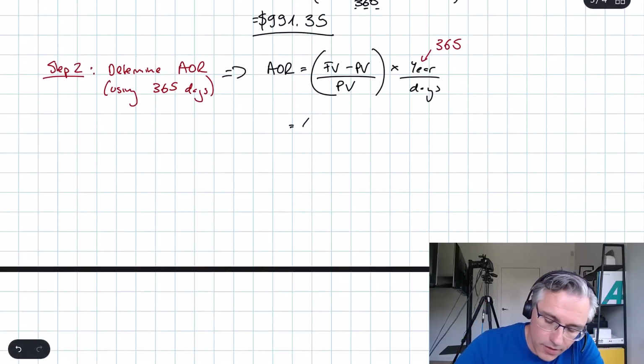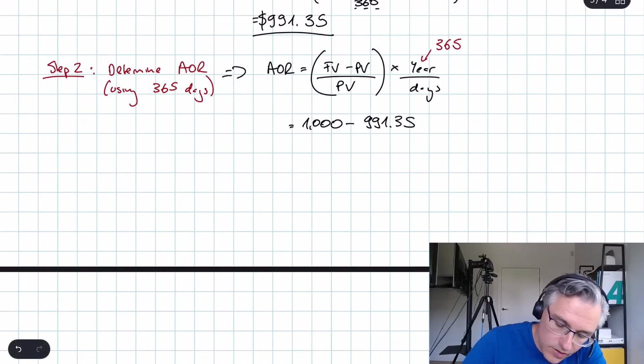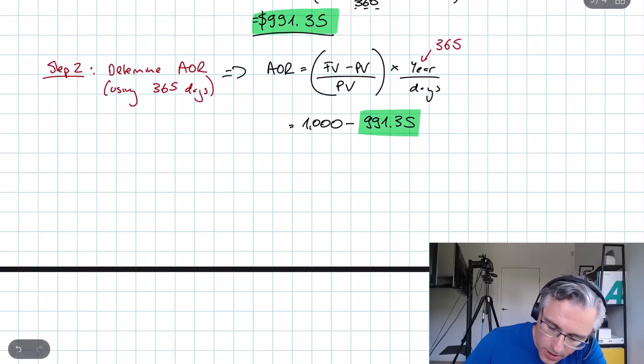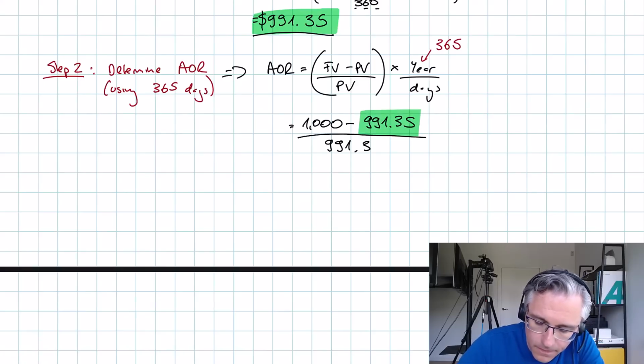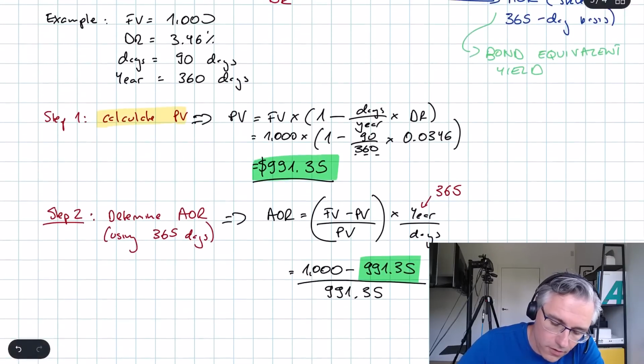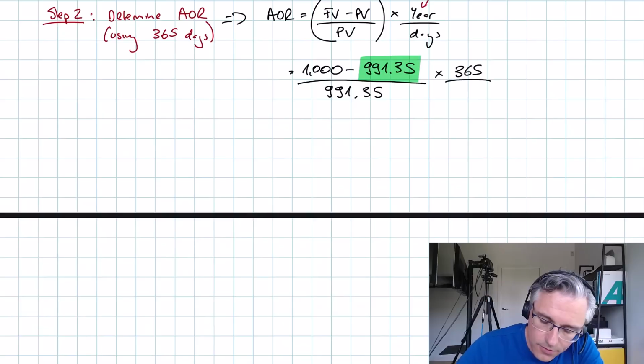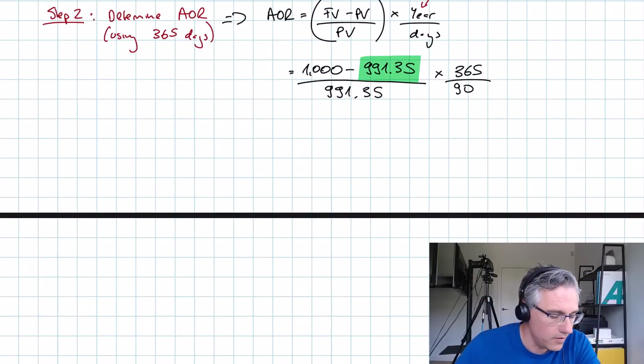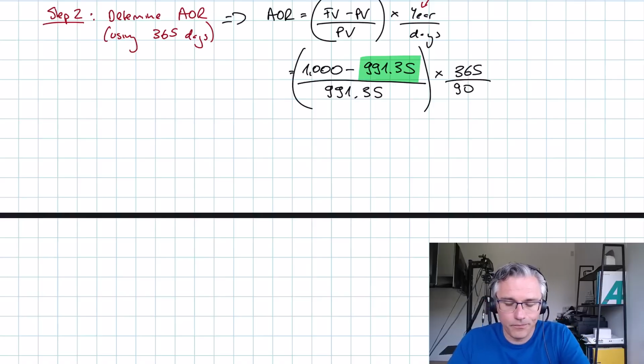So FV 1000 minus the just-computed PV, which goes into the denominator of the fraction as well. And we scale up by 365 over 90, obviously, as it was a 90-day security, a 90-day investment. So hopefully that should be our result.